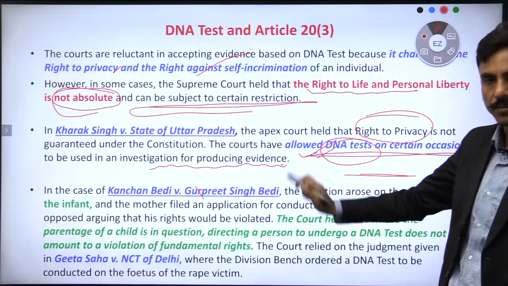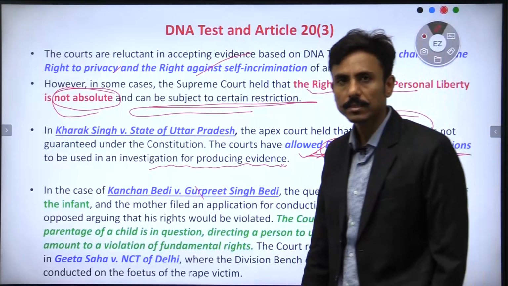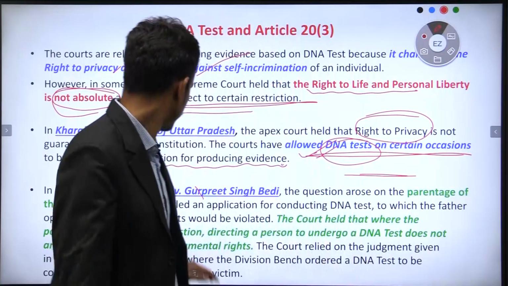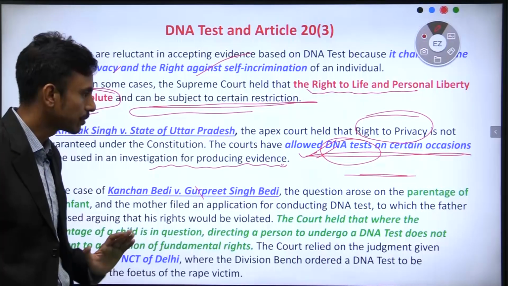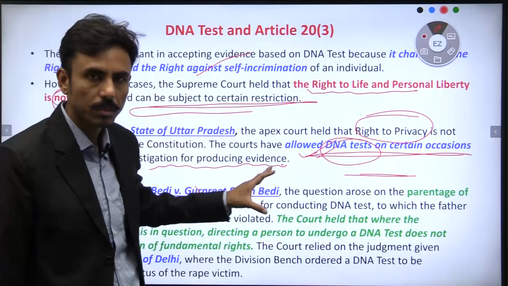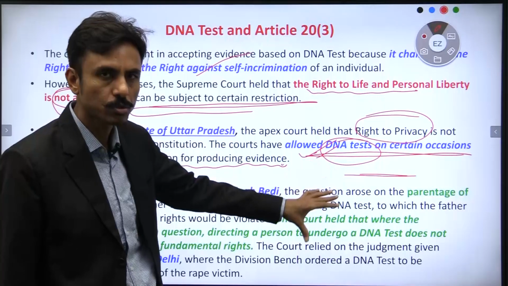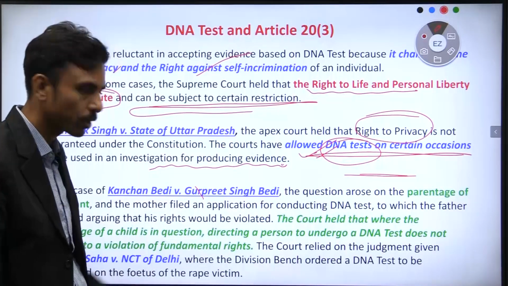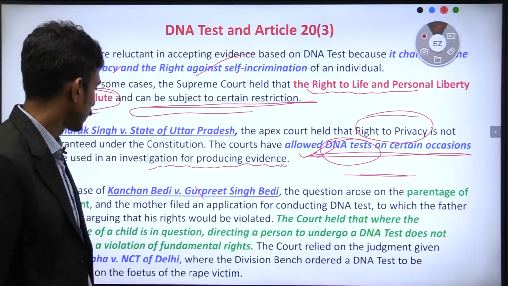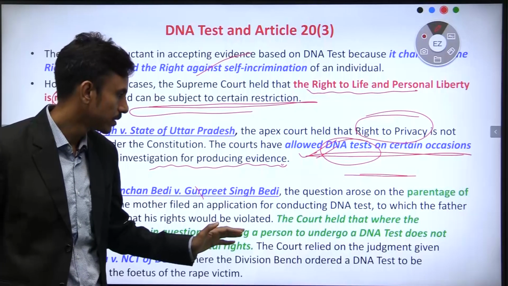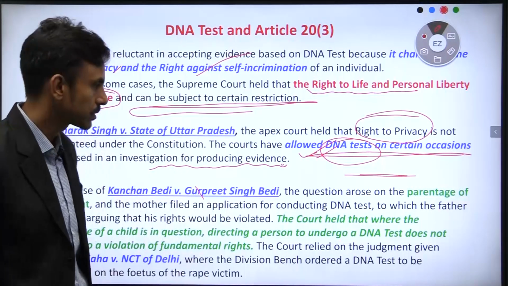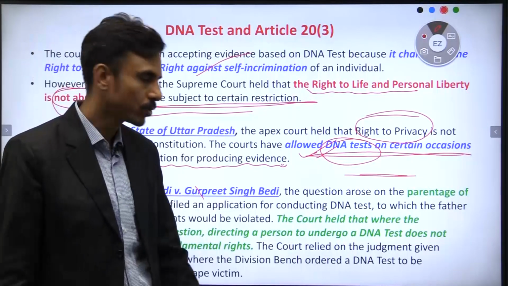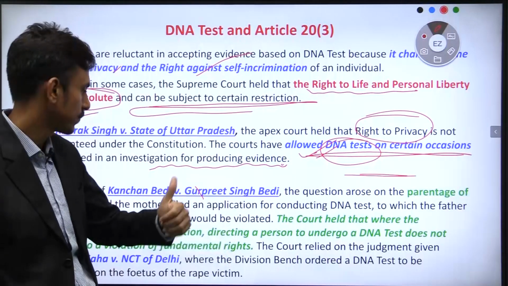Guys, in another case, Kanchan Bedi versus Gurpreet Singh Bedi, a question arose on the parentage of a child or an infant, right? The mother filed an application for conducting a DNA test, to which the father objected, arguing that it would violate fundamental rights.